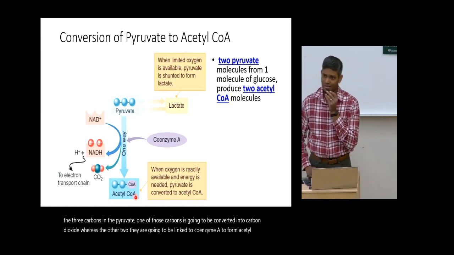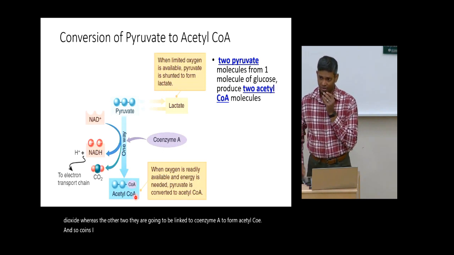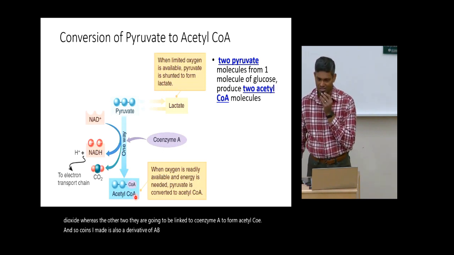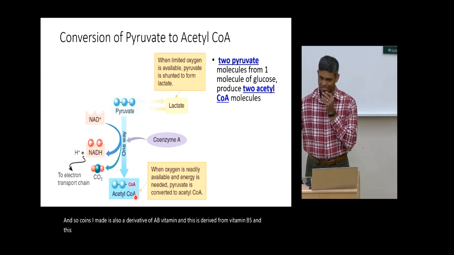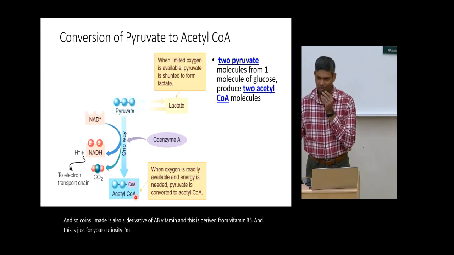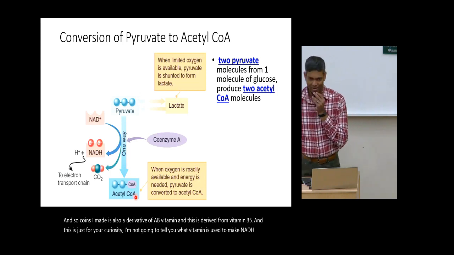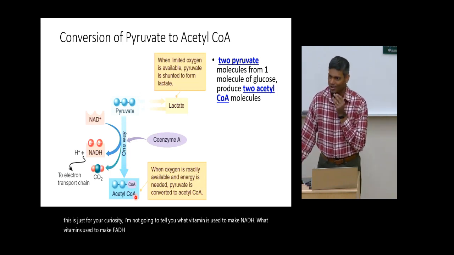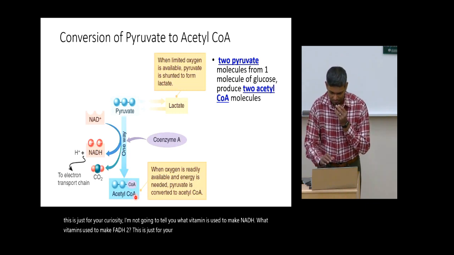And coenzyme A is also a derivative of a B vitamin, derived from vitamin B5, and this is just for your curiosity. I'm not going to tell you what vitamin is used to make NADH or FADH2. This is just for your curiosity's sake.